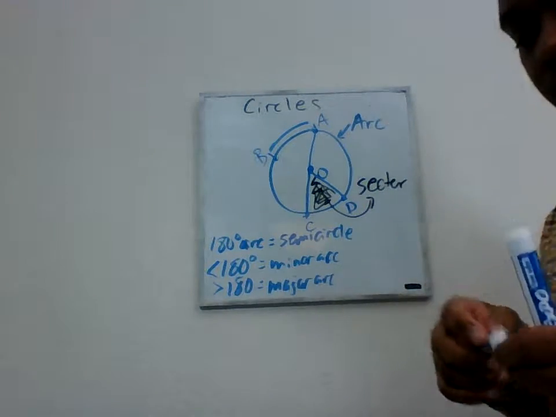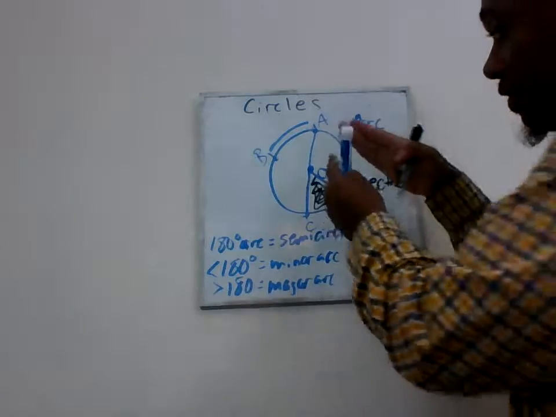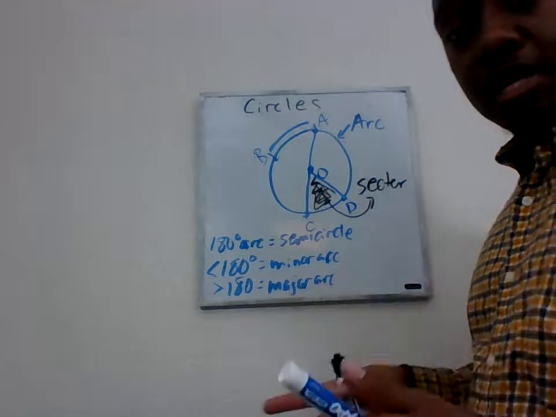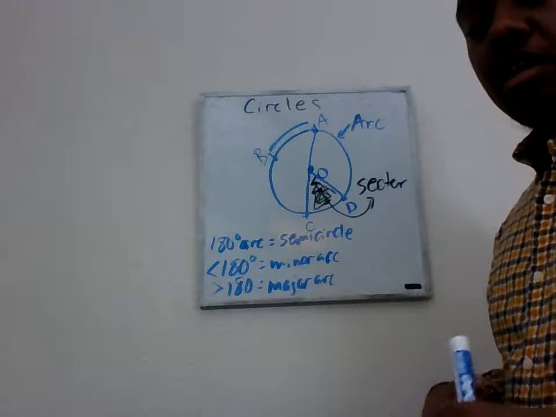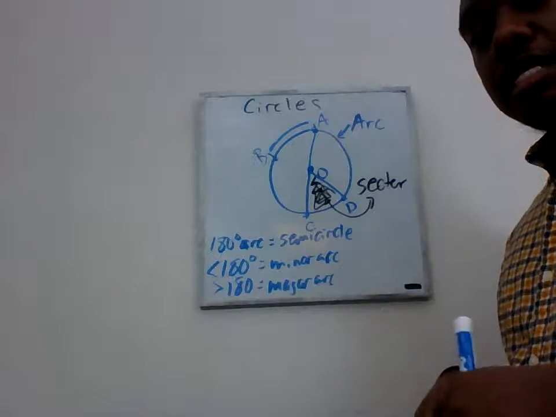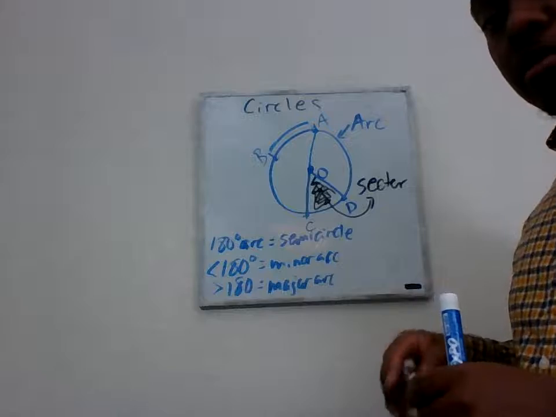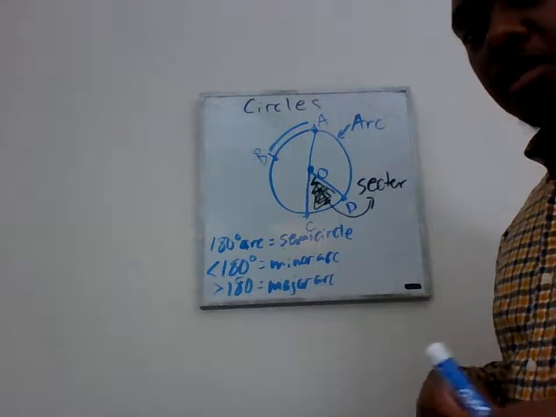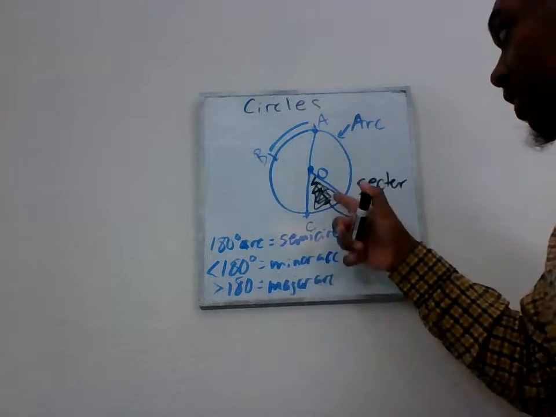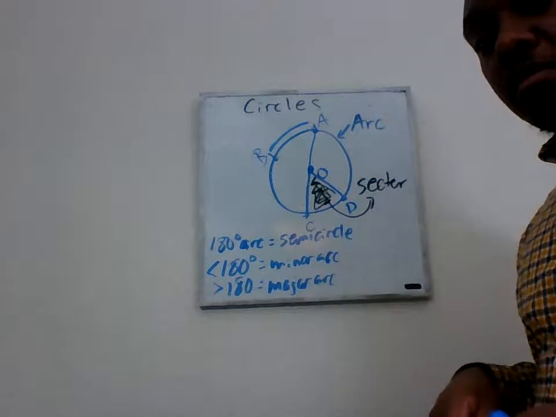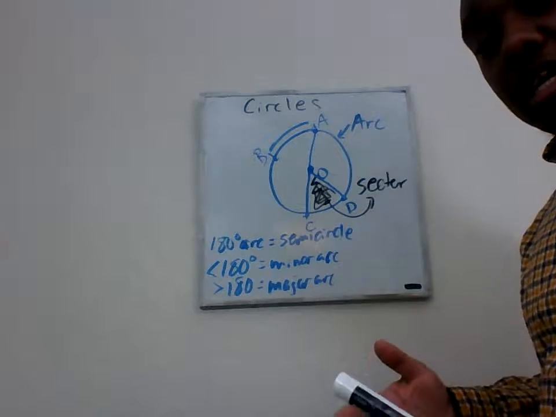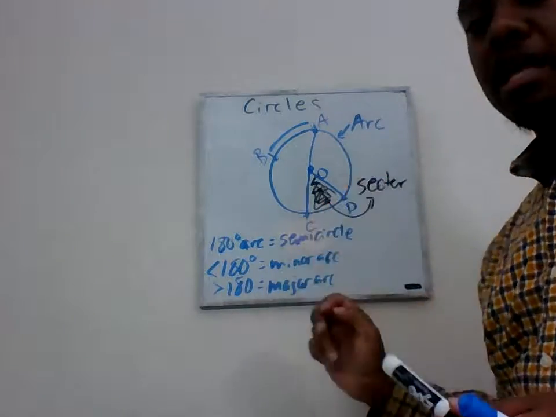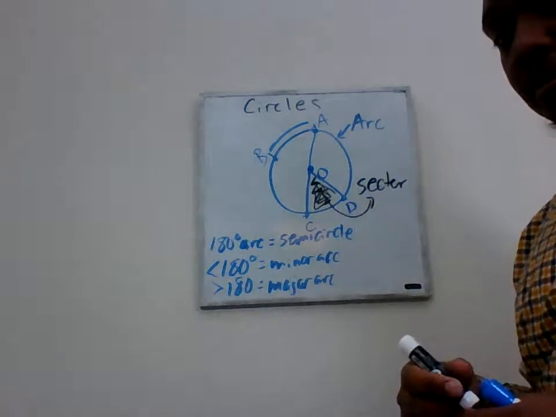A sector would be like taking out a slice of the circle as if it was a pie or a pizza. This area of the circle is an exact portion of it, and it's proportional to the angle that's formed. It's very powerful, actually, and we'll look at that a lot later. But we have to understand what this arc is in order to understand what a sector is, because it's formed by the arc and two radii.